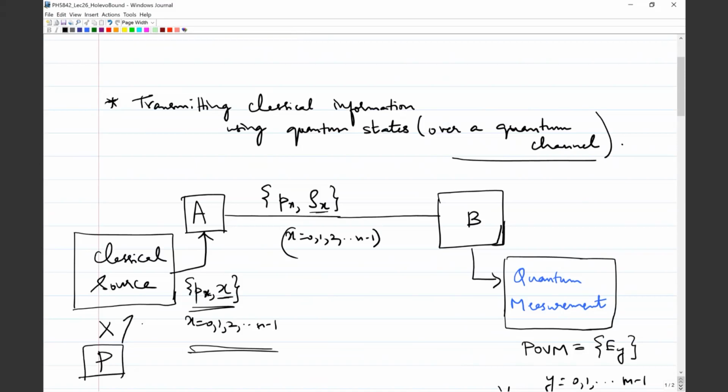And finally, this is the system M, right, which is representing this measurement device, right? And in between, what we have out here is the state rho_x, which at any given point is either sitting in A's lab or in B's lab, depending on whether it has been sent to B or not, right? So that is the system Q, right? So these are the three systems in play.